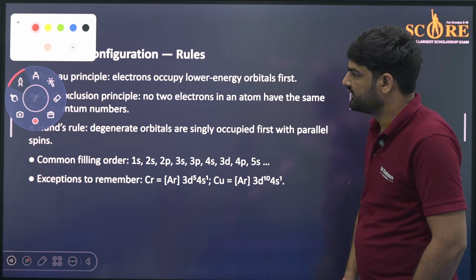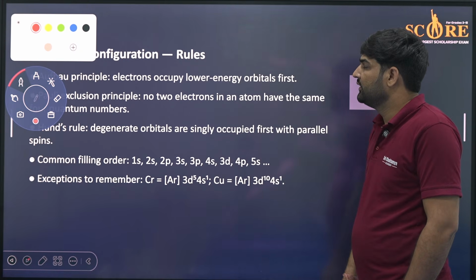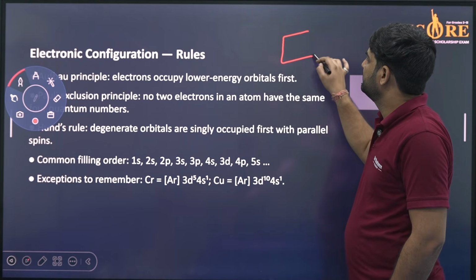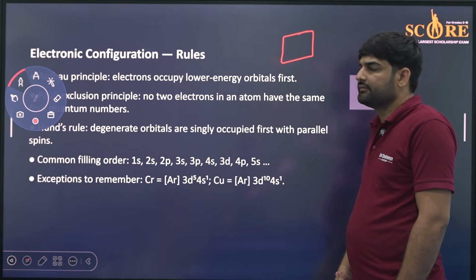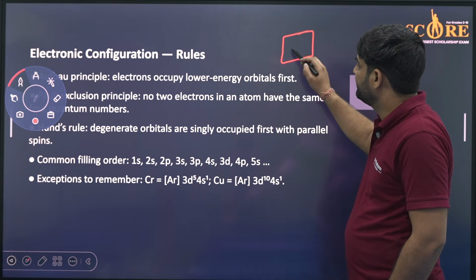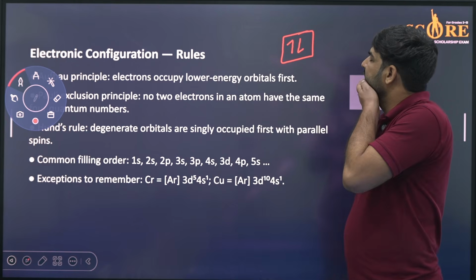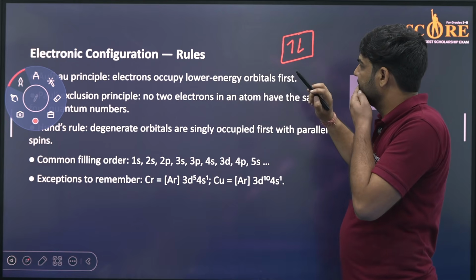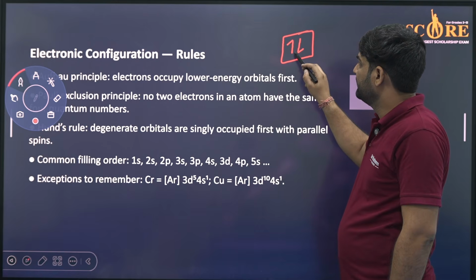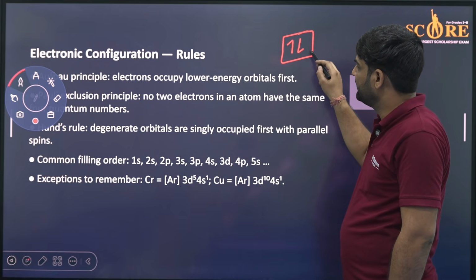First is the Pauli exclusion principle. This principle tells that an orbital can accommodate a maximum of 2 electrons with opposite spin. It means you can only fill 2 electrons.